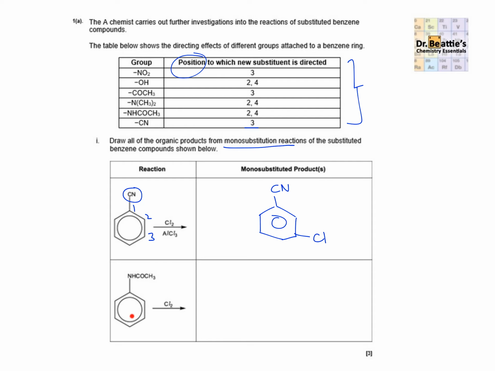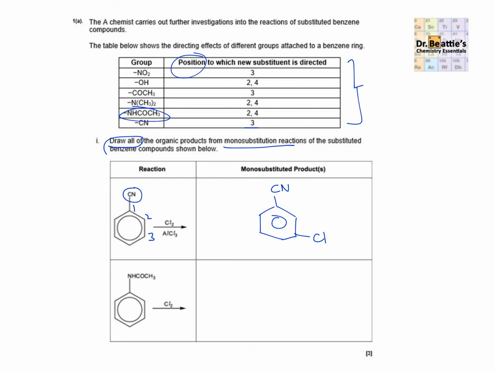And then with this one here, we've got this amide, which we can match up to this group here. We're told that we can get position 2 and 4, and it's asking to draw all of the organic products that could be formed.